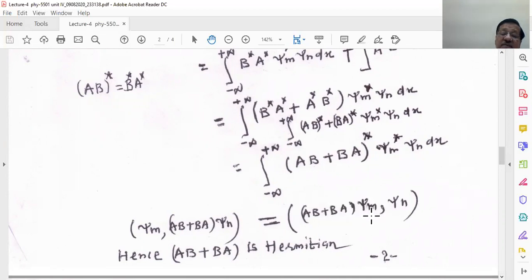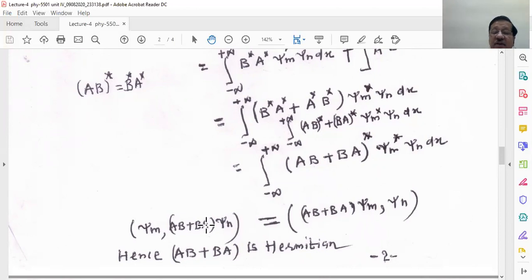Here your operator AB plus BA is associated with the second factor of the scalar product, and here your operator AB plus BA is associated with the first factor. So when you get such a condition, one can say that your operator AB plus BA is the Hermitian operator. So AB plus BA is a Hermitian operator.